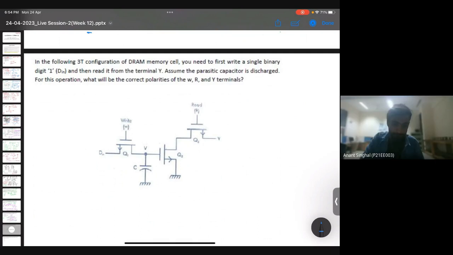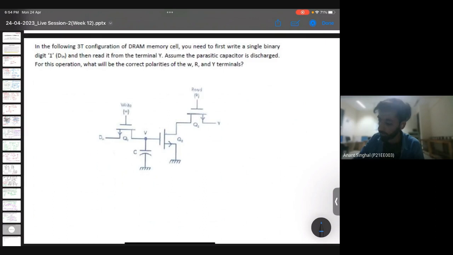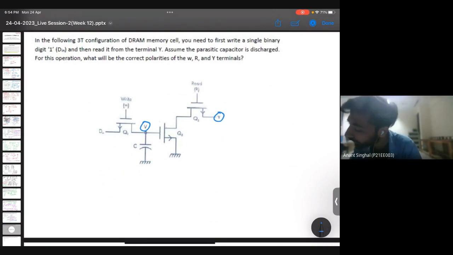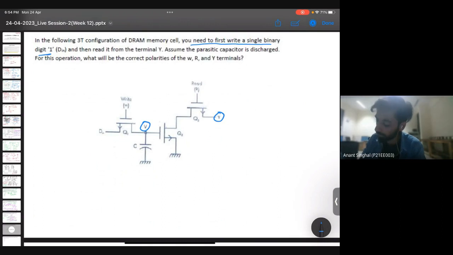So this is a general DRAM question, which is 3T DRAM. We have already covered that this Y depends upon this V, and it says you need to first write a signal 1. So for writing a signal 1, we need to make this W as VDD, which is high, and for writing this, we need to make this input as high.